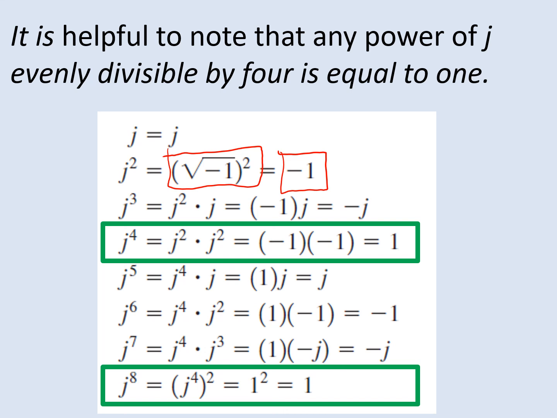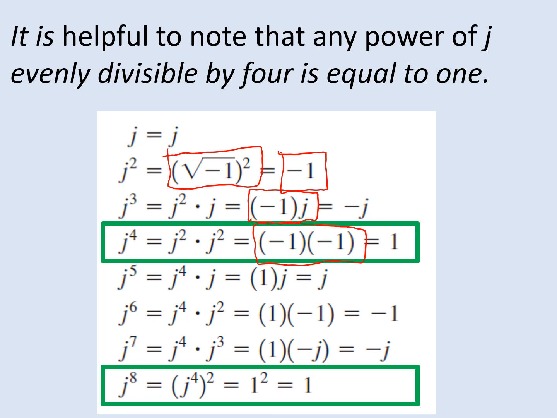So j equals j, j squared equals negative 1, j to the 3rd equals j squared times j, so essentially negative 1 times j equals negative j, and j to the 4th equals j squared times j squared, which means negative 1 times negative 1 equals 1, because a negative times a negative will always equal a positive. So the cycle just repeats beyond 4.